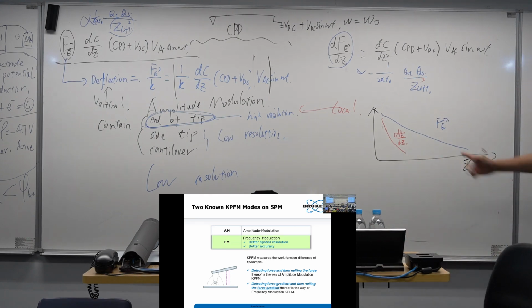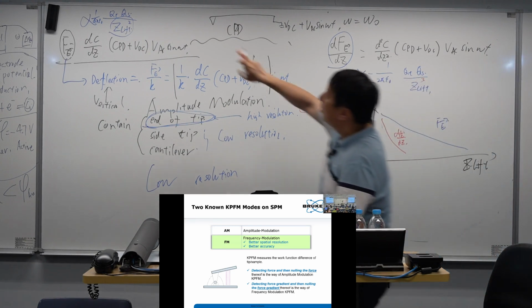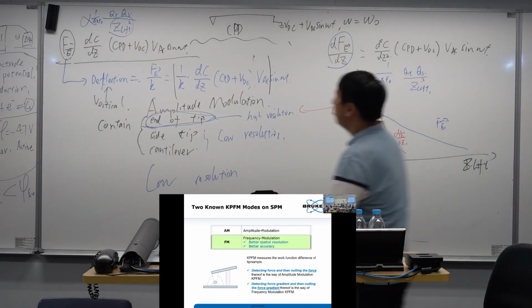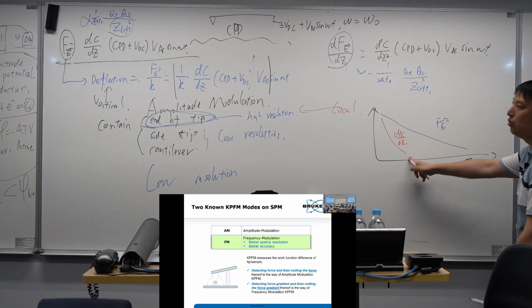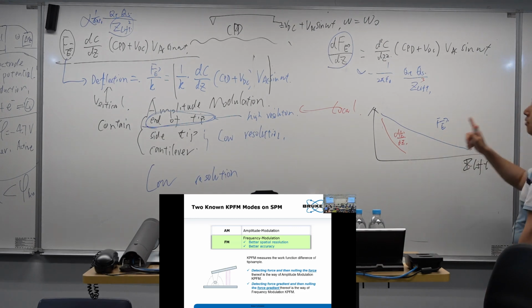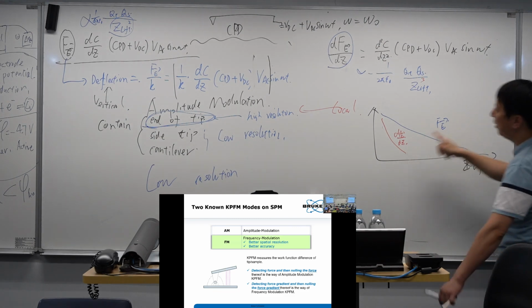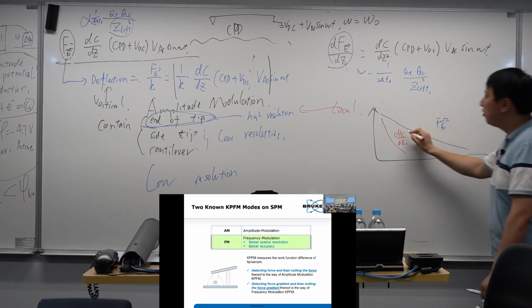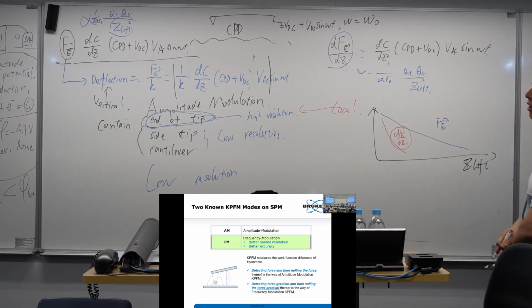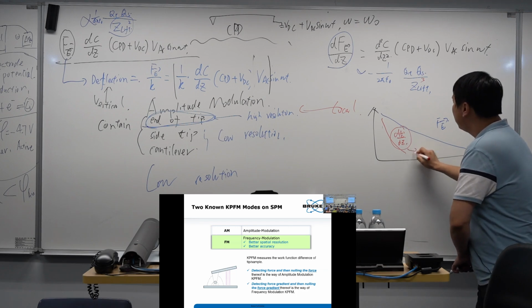Because it takes another derivative, it is the third-power term and the force is the square term, so the derivative reduces much faster than the force. So it will be more sensitive and more local.